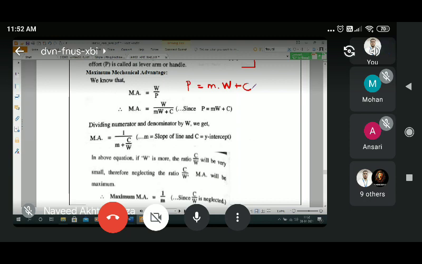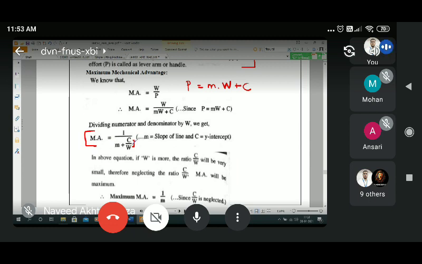Dividing the numerator and denominator by W, we will get the mechanical advantage equal to 1 upon m plus C upon W. C is the constant and W is the load. m is the slope of the line, and C is the y-intercept.